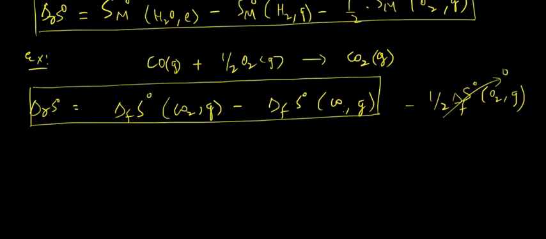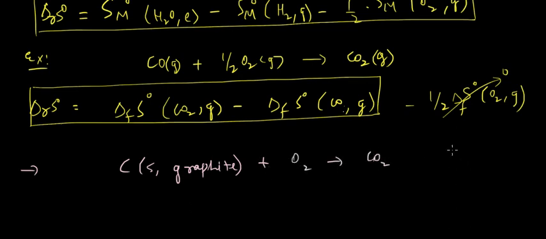Okay, so if you see it like this, let's suppose we have carbon as graphite reacting with O2 to form CO2.